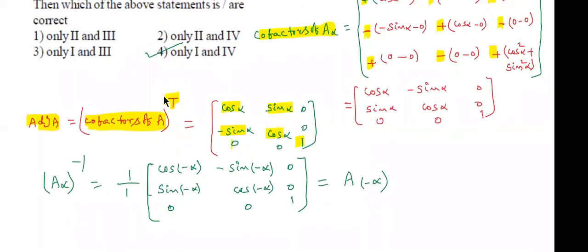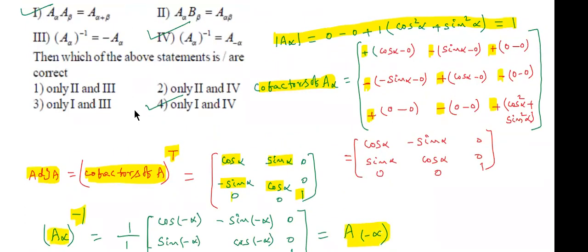That's why, in place of alpha, I replaced minus alpha: cos of minus alpha is cos alpha, sin of minus alpha is minus sin alpha. So finally, A alpha inverse is equal to A of minus alpha. So this statement is correct and this is also correct. Overall, fourth option correct.